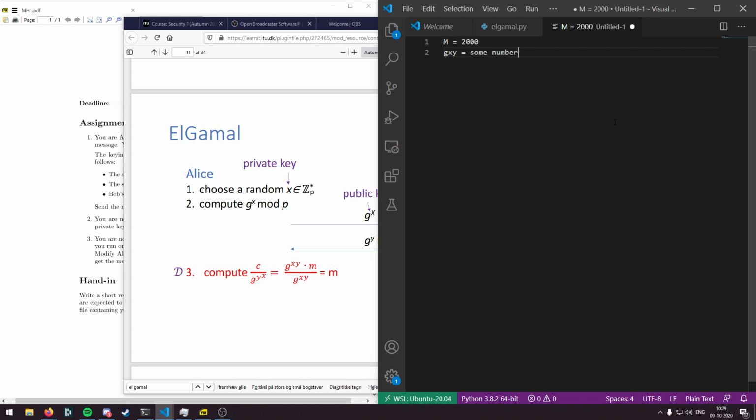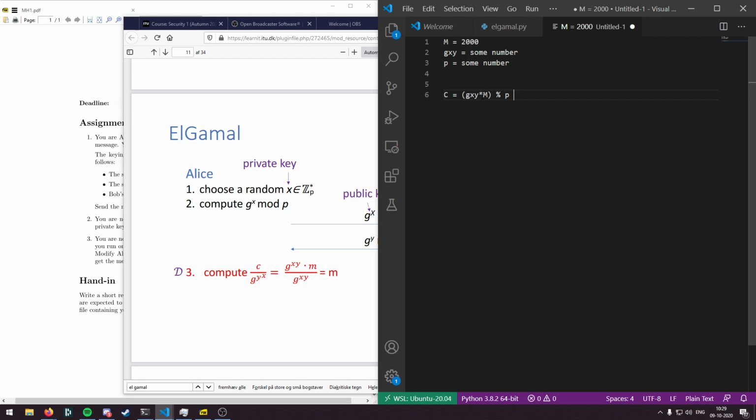It doesn't really matter. And the C is gxy times m modulo p. P equals some number. It's not super important.